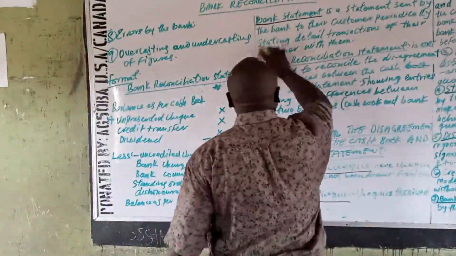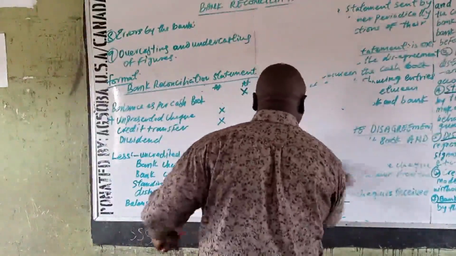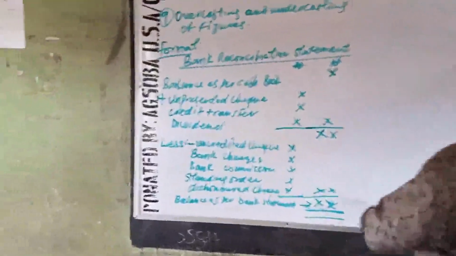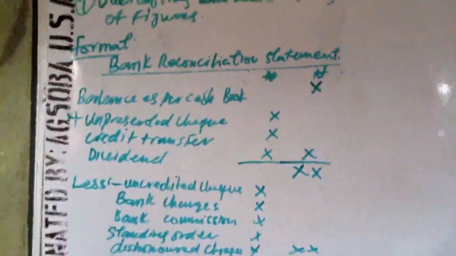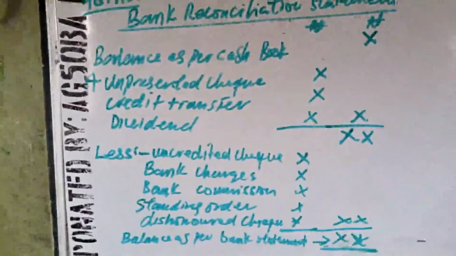Now, we want to prepare the format of the adjusted cash book with the bank reconciliation statement.